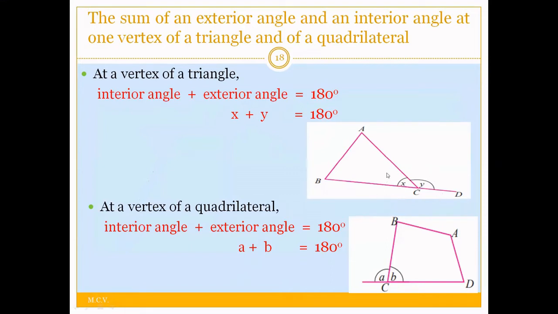Their sum is equal to 180 because there's a straight angle here. So x plus y is 180. Here this one is an exterior angle, this one an interior angle. So their sum is a straight angle, that is 180. So a plus b equals 180.